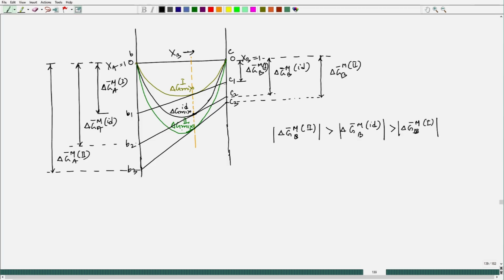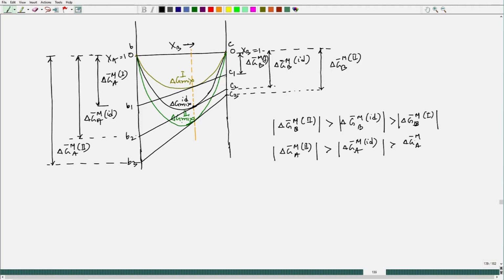So in terms of B like that, in terms of A, if we write delta G bar M A case 2 is greater than delta G bar M B ideal, greater than delta G bar M A case 1, with the mod values.